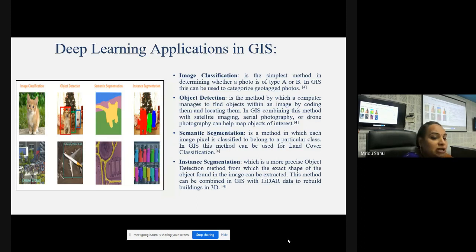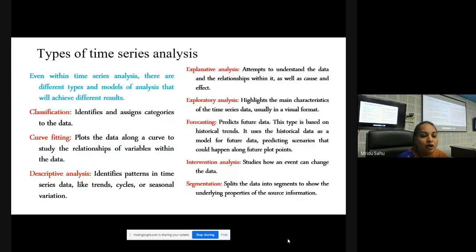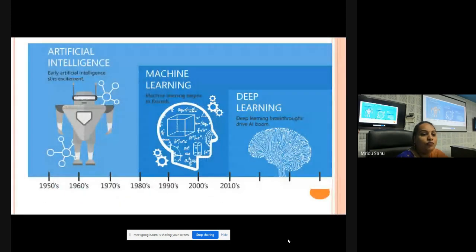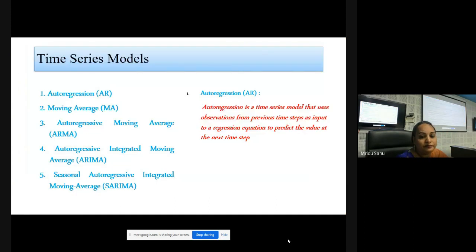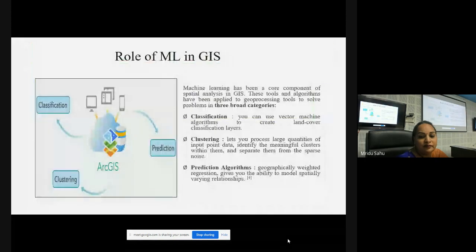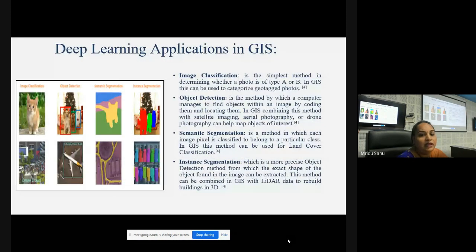Yesterday's class we also discussed this, because nowadays we are in the boom of artificial intelligence. Second is machine learning, and third is deep learning. So here is the deep learning application in GIS, once we want to start our journey with it.